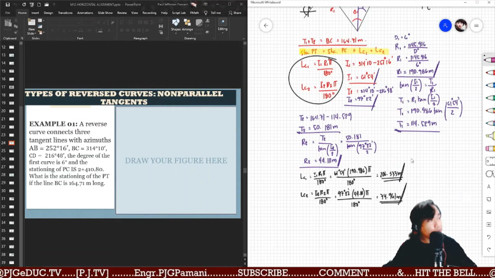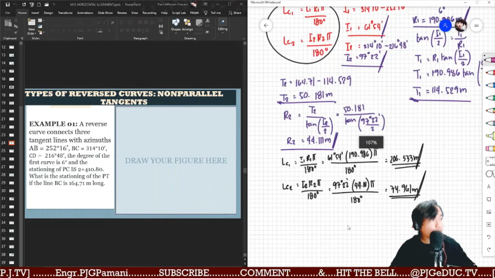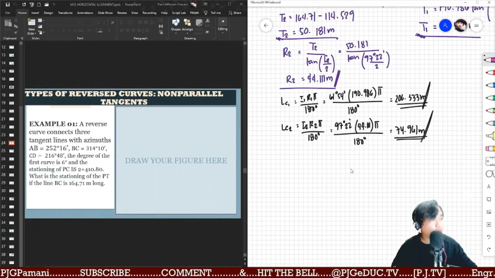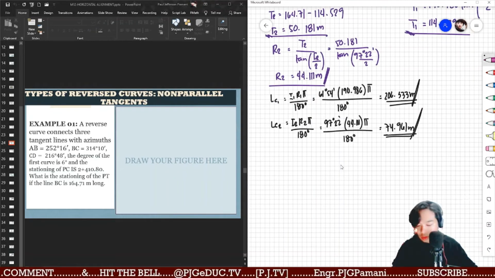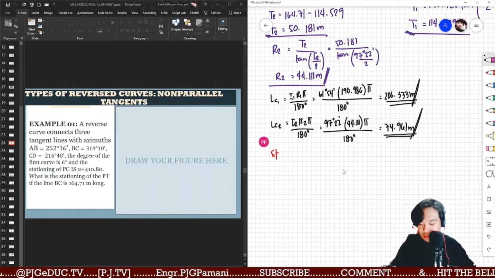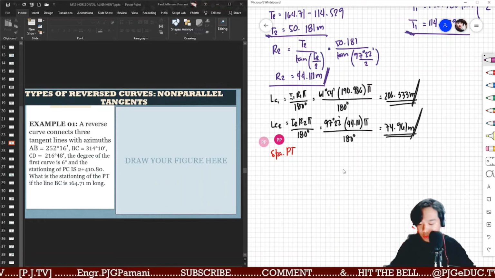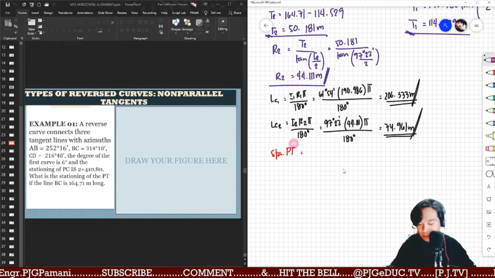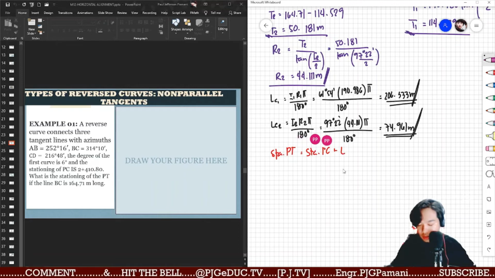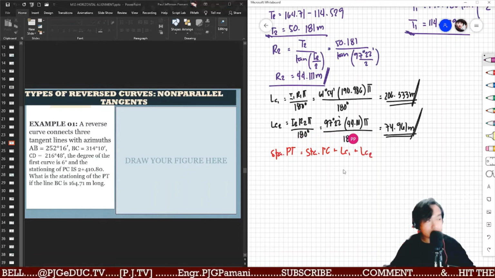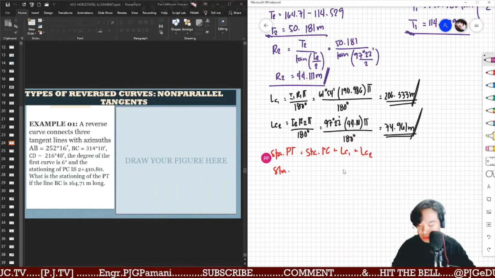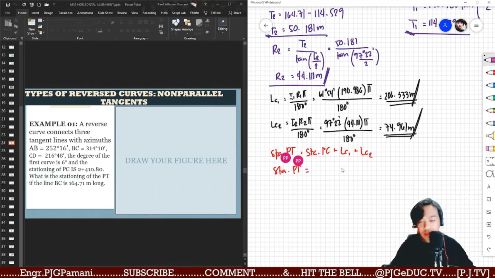Now, station PT or point of tangency is simply equal to station PC plus the length of the first arch plus the length of the second arch. Station PT is now equal to, what is our station PC?